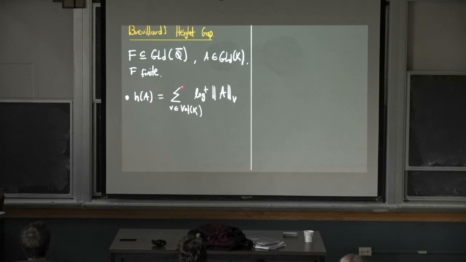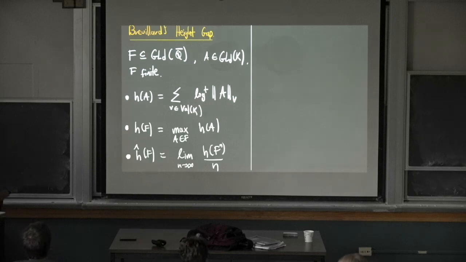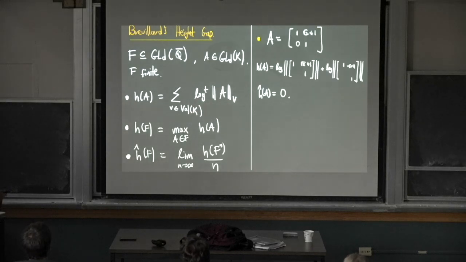So what you take is you sum the norms of this matrix in all possible embeddings of this matrix in completions of the field K. In the case where the entries are algebraic integers, it's just the log of the norm plus the log of the norms of the conjugates.